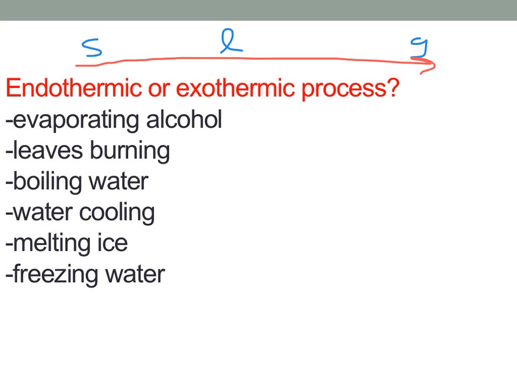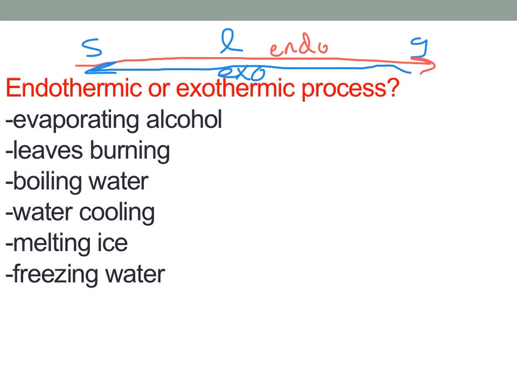And if we are absorbing, which we learned on the last slide, we call that an endothermic process. If we are going the opposite way, if we are cooling, going from a gas to a liquid or a liquid to a solid, in order for those molecules to cool off, they have to release heat into the environment. So that would be an exothermic process.